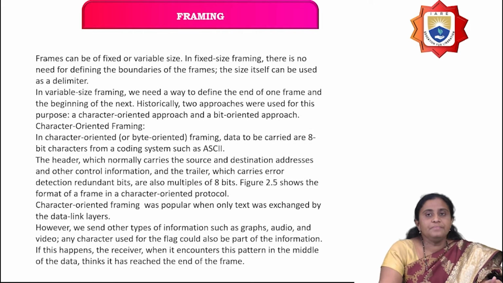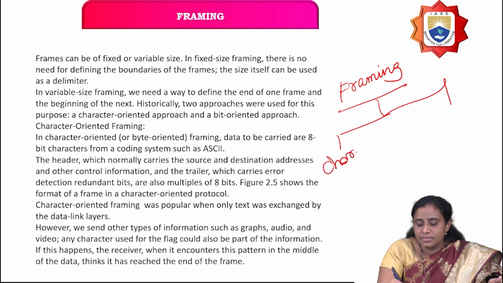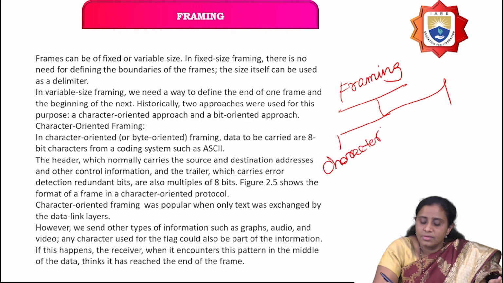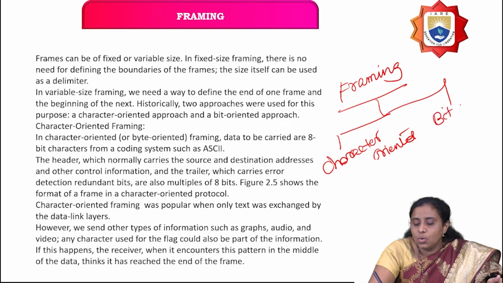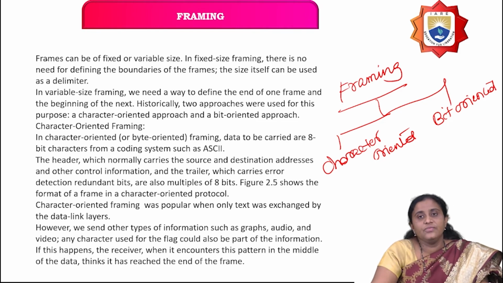So there are two types of framing: the first one is character-oriented, and the second one is bit-oriented. Character-oriented framing can otherwise be collectively called byte-oriented framing.